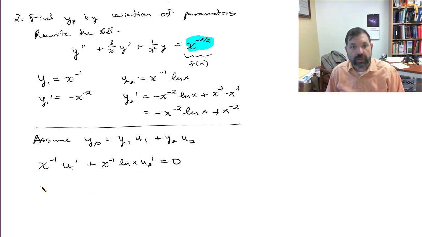Okay, now the derivatives. Negative x to the negative second u1 prime plus negative x to the negative second natural log x plus x to the negative second u2 prime will equal the f of x, the x to the negative 3 halves.